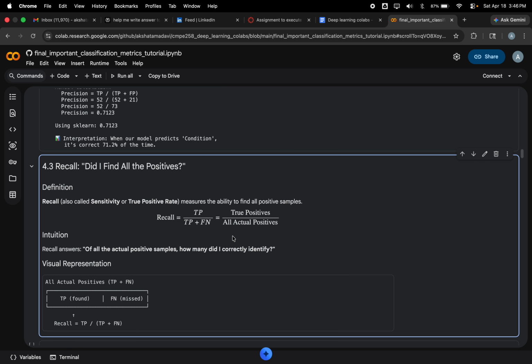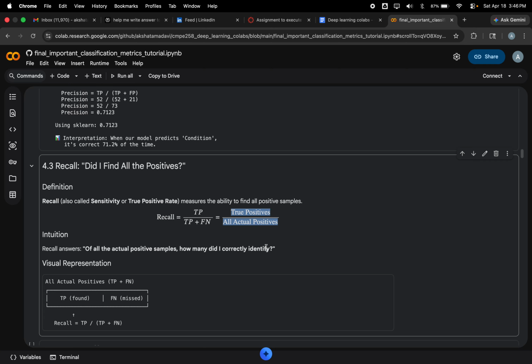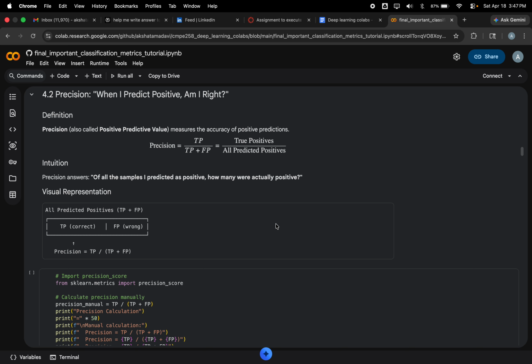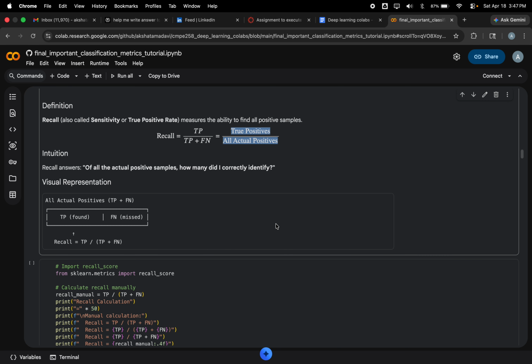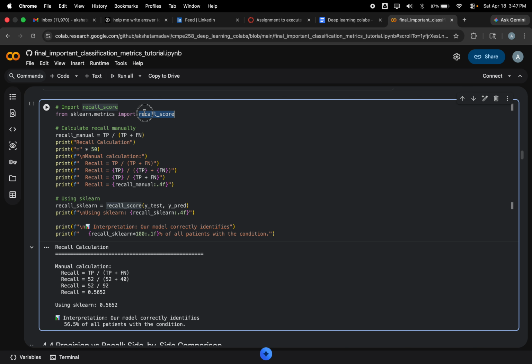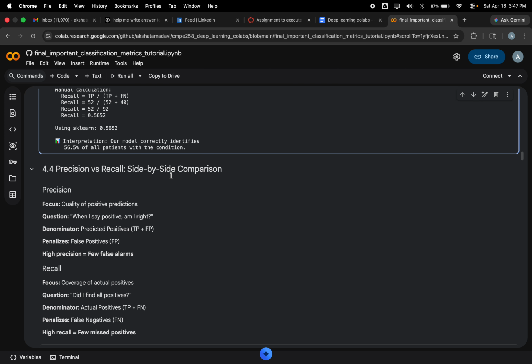And this is, of all the actual positives, how many did I catch. The intuition is, of all the positive samples, how many did I correctly identify. That's the formula for it. Here you can use the recall score from scikit-learn.